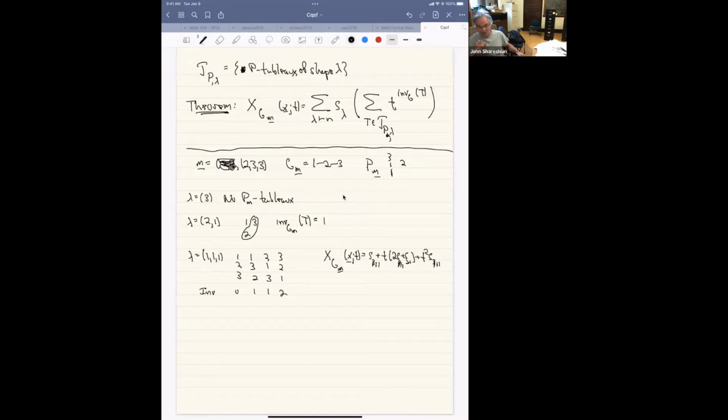Using principal specialization, this T will encode an Eulerian statistic, and with the correct specializations, this symmetric function will encode some kind of Mahonian statistics. That's the idea, but it only works nicely, as far as we know, with these strings. Sorry, Teddy, I don't know if that answered your specific question. It's good for now. I'm happy to discuss more. Thank you all. I'm sorry those answers were not as responsive as I would have liked.